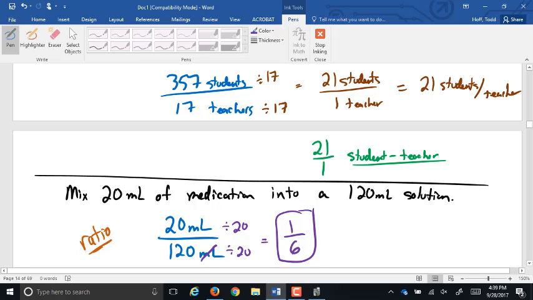This is 1 to 6. This is 21 to 1. Even though it says student teacher, that's telling me what the ratio is. This is 1 to 6. It would be a medication to total solution ratio. But it's still just 1 to 6. There's no units in the ratio itself. You should just have to give the 1 to 6. The unit should be listed off to the side. The unit should be given for you.